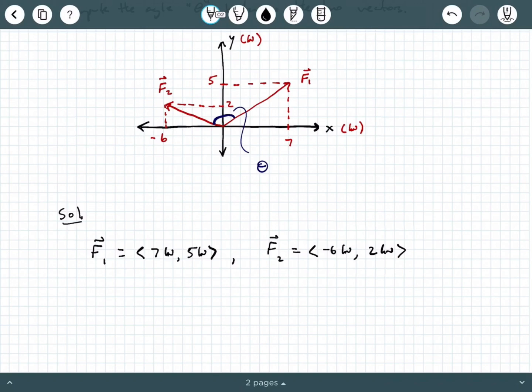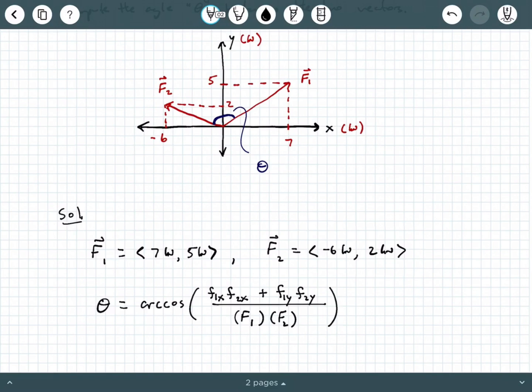Remember, to find angle theta, we saw in the previous video that theta equals arc cosine of little f1x times little f2x plus little f1y times little f2y, divided by the magnitude of f1 times the magnitude of f2.